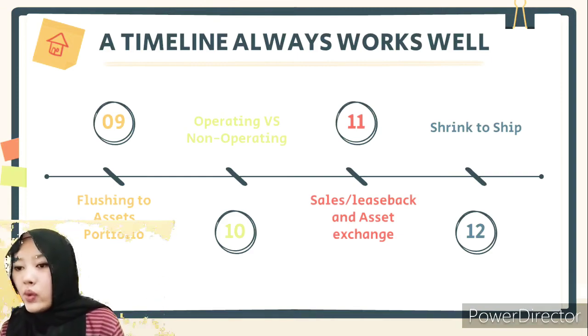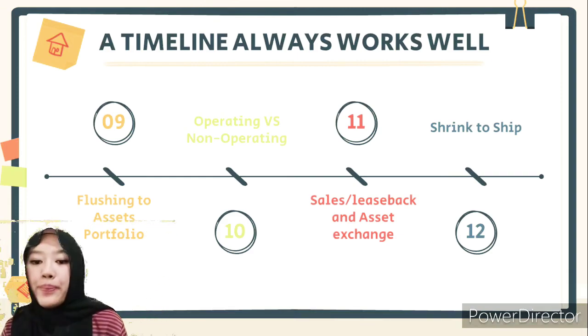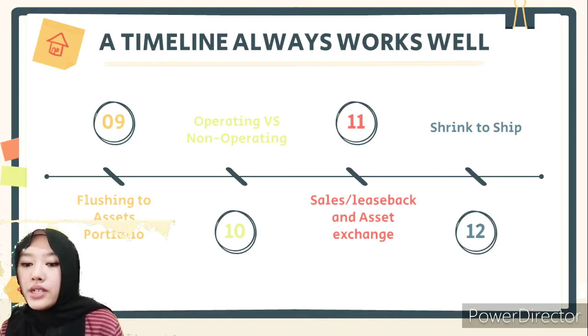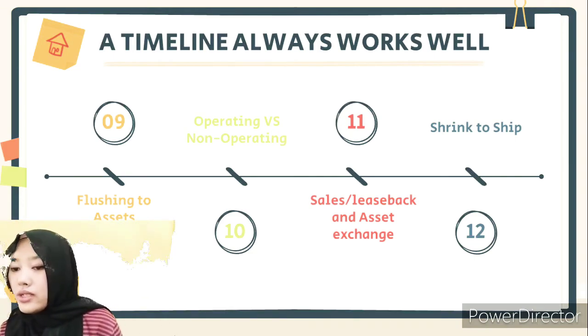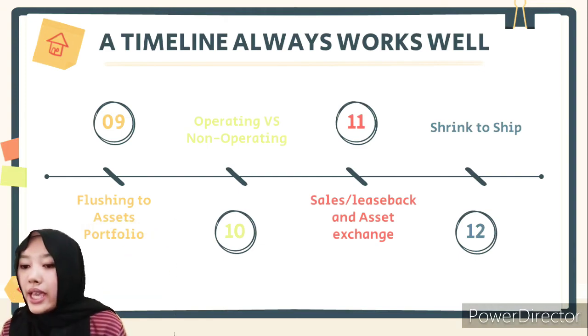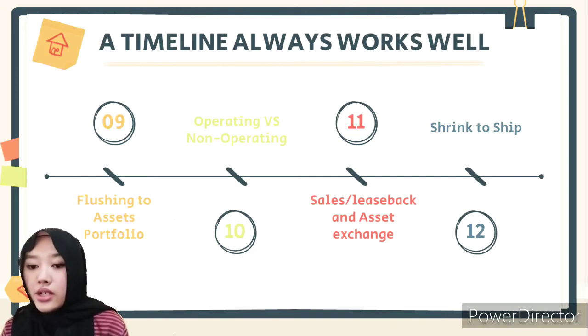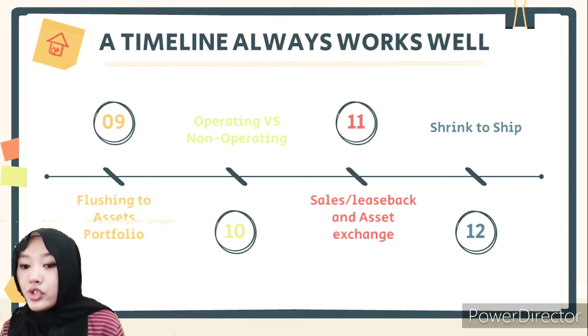And the next one is shrink to shape. It involves the company repurchasing its own shares without reporting any gain or loss in its financial statement, with the objective of increasing the company's earning per share.